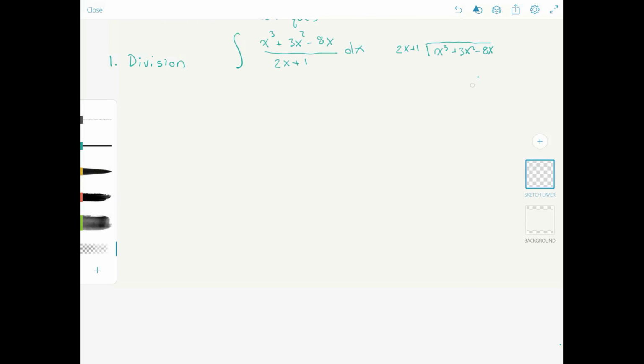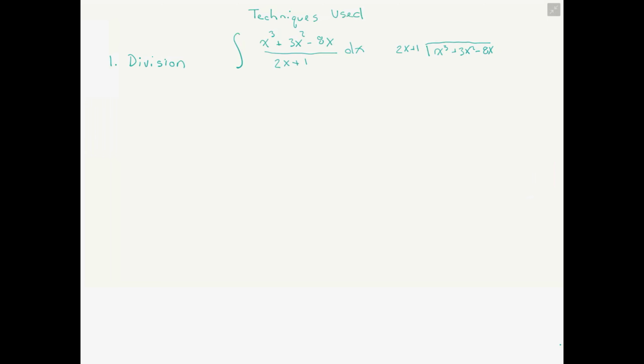And we would carry out the division and then term by term we will be able to do an integration.